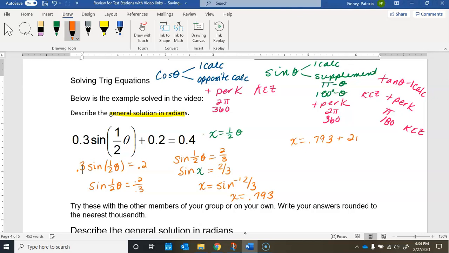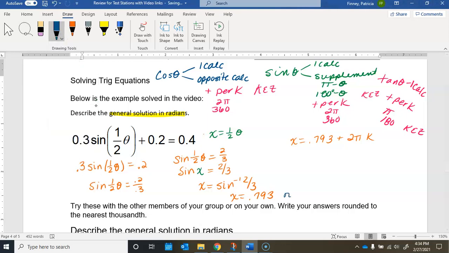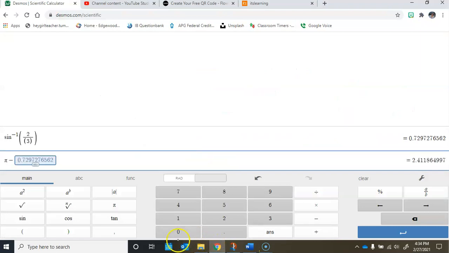And we're in radians, so we're going to add 2 pi k to that. And our second answer will be the supplement. So to find the supplement, we're going to do pi minus that. So I'm going to come back here to my calculator, and I'm going to do pi minus my answer.